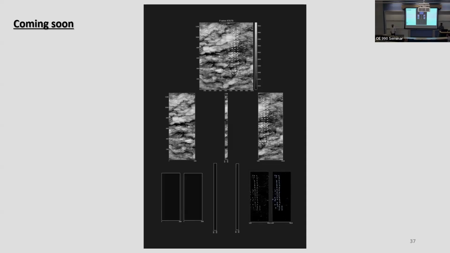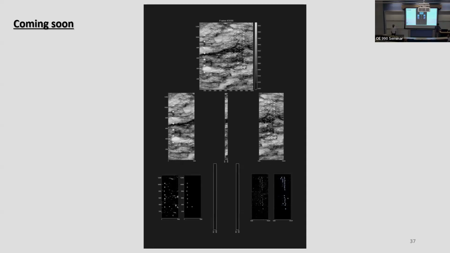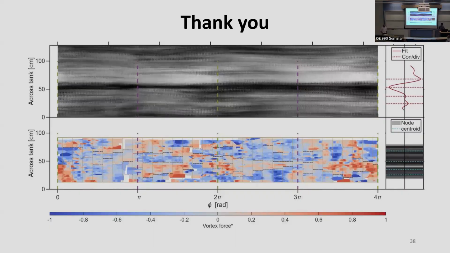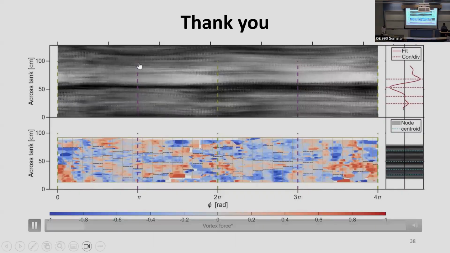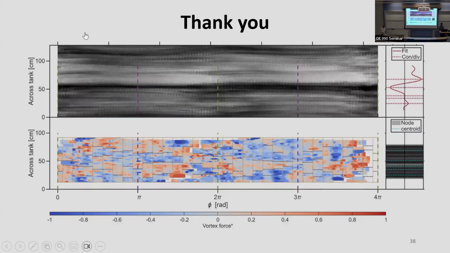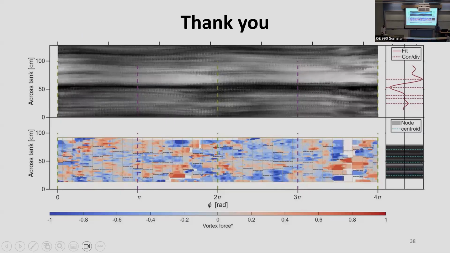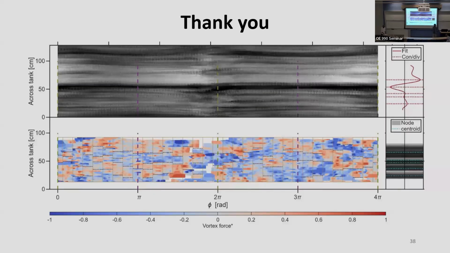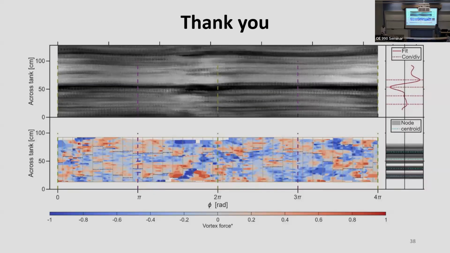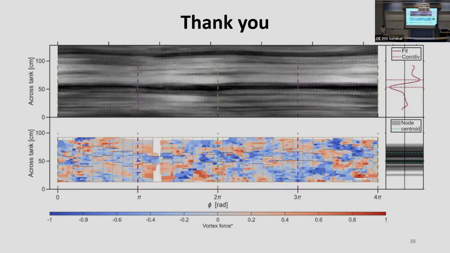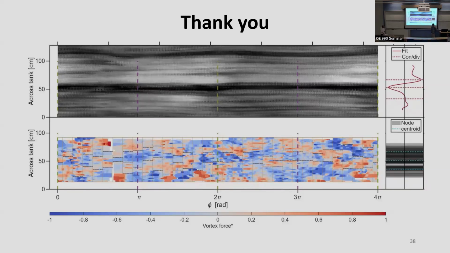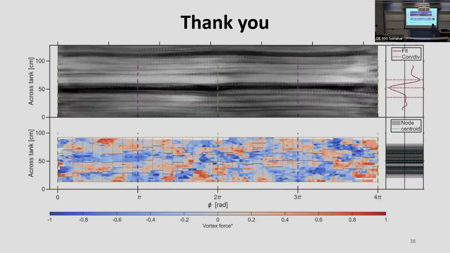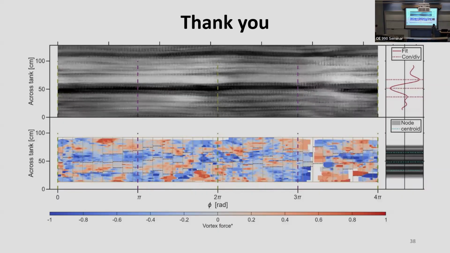Is there anyone? Yes. I might have missed this. When you showed your raw data at the very beginning, you said the resolution was 1 millimeter and the field of view was a meter. When I saw the video, it looked like the spots were bigger. So the spots are about 2 to 3 centimeters in size, but the spatial resolution of the camera is 1 millimeter per pixel.